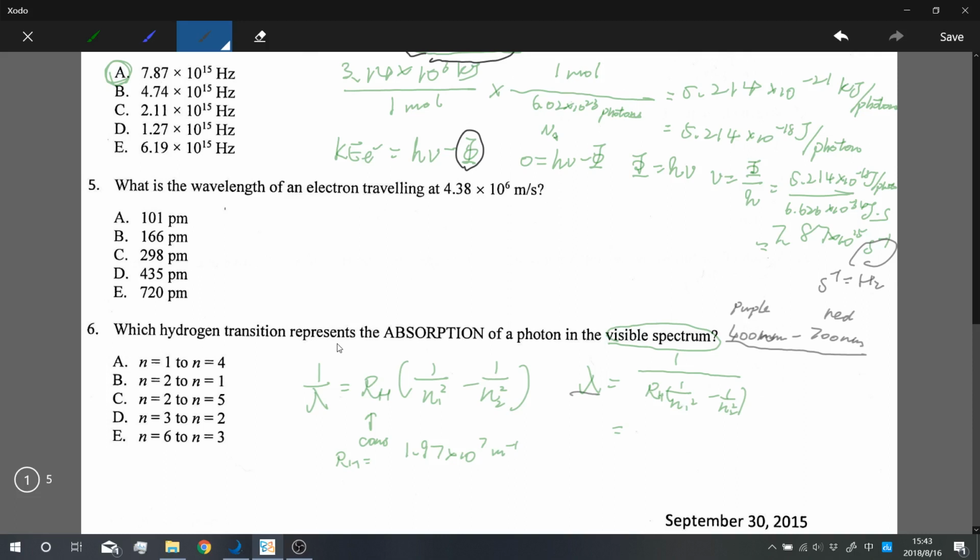We need to get the lambda into this range, and all you need to do is plug in the numbers and calculate what the answer should be. This one looks a little too short, and this one is a little too small, and this one is a little too high, so I suppose the answer is somewhere between B and maybe D or A. E looks a bit too large too.